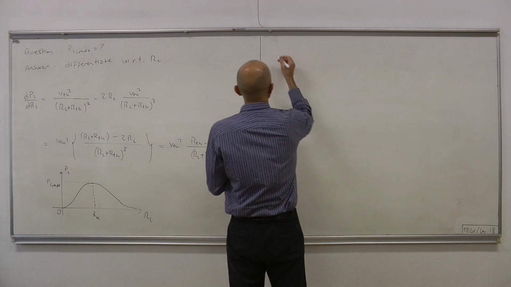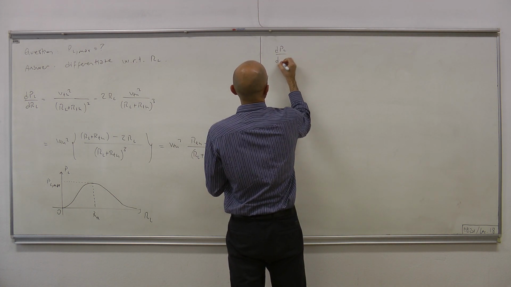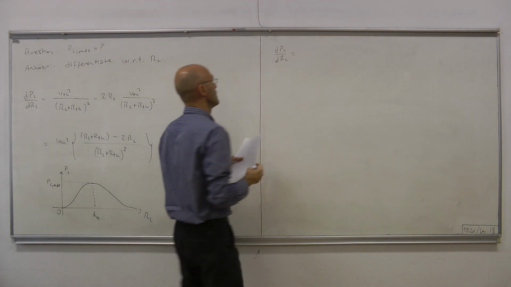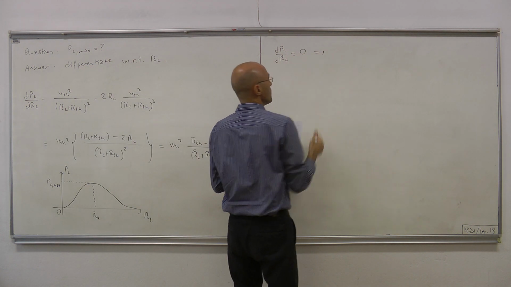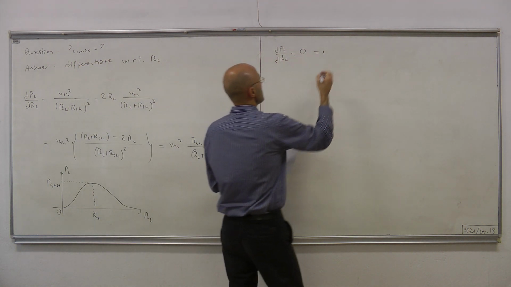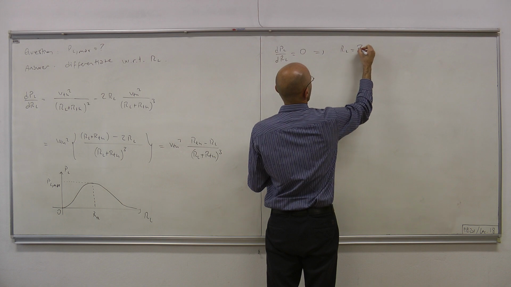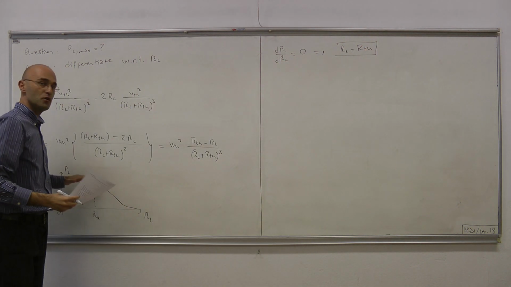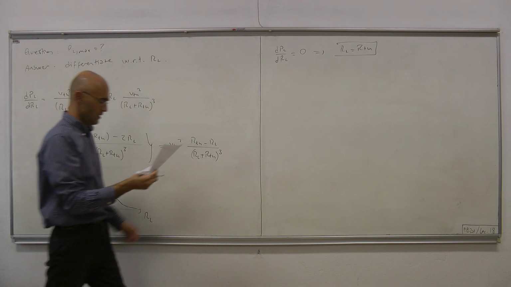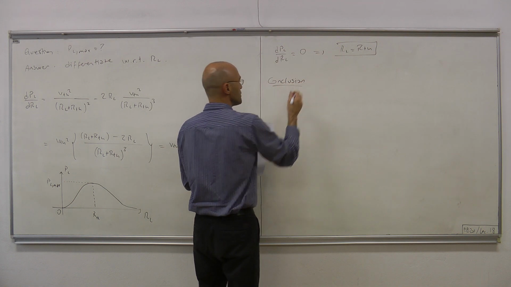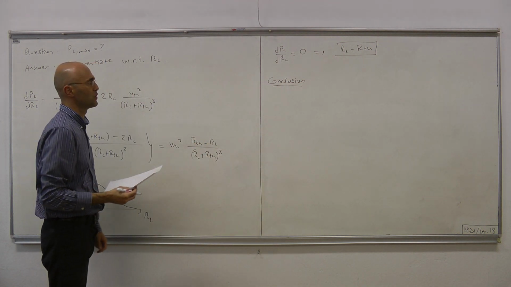So dPL over dRL, the derivative of power with respect to load resistance. If you equate it to 0, that equation gives us RL equals R Thevenin. That's where the slope is 0, where we're flat. Therefore, the conclusion, which is very elegant and therefore easy to remember, is the following.